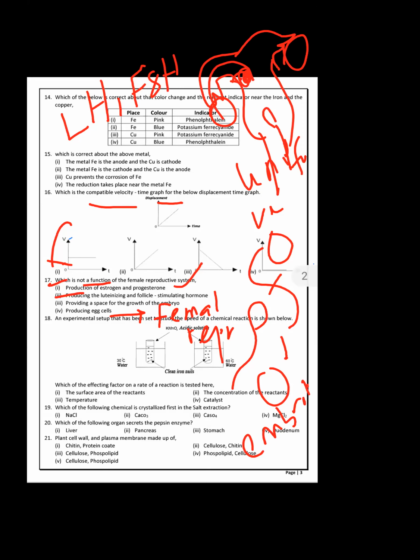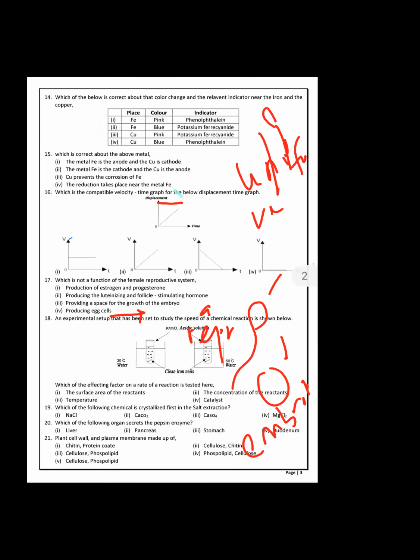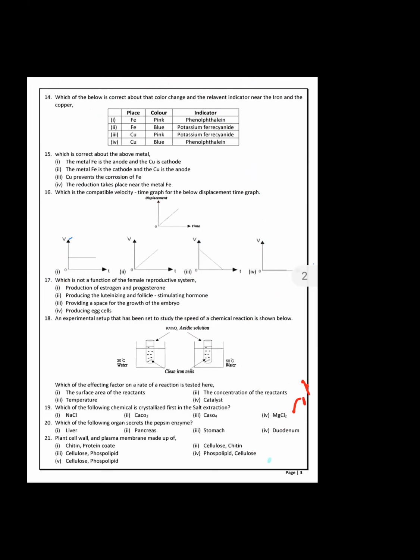Okay, let's move on to number 18. An experimental setup to study the speed of a chemical reaction is given below: water, clean iron nails, and 60% water, KMnO4 acid solution.